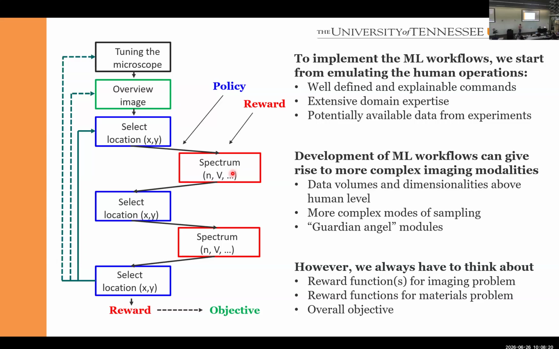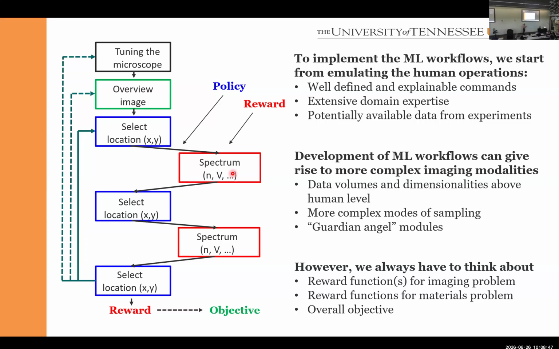A very important thing is that we are going to talk only about myopic optimization. Myopic optimization means that the results of my action depend on my prior knowledge, but not on the sequence of the previous actions. Make sense? A simple example: imagine this is my image plane in the microscope, and I take the EELS measurements here and here.